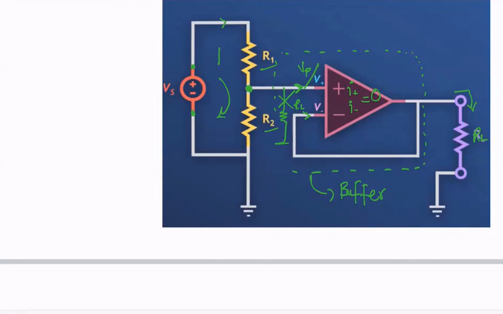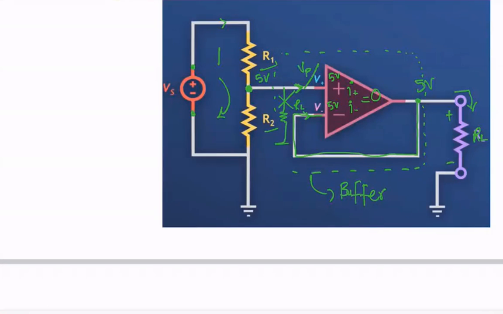Therefore, say you are getting 5 volt over here, that means VP is going to be 5 volt. VP and VN are both the same, so you get 5 volt. So what would V out be? This voltage is going to be 5 volt, correct? Because this V out is simply connected to the VN. And if this is 5 volt, you're getting 5 volt going through this resistive load.